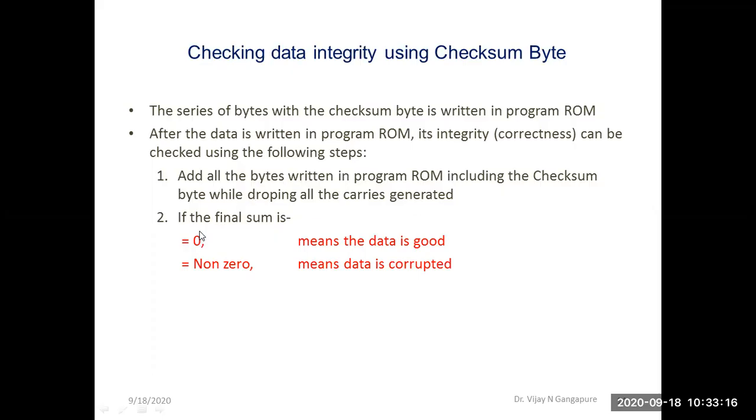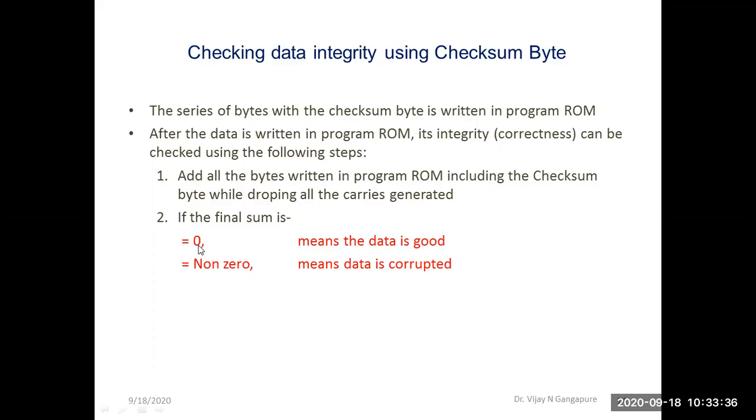Now if the final sum is equal to 0, meaning after addition of all the bytes including the checksum byte the result is 0, that means the data is good, that the series of program bytes written in program ROM is correct.